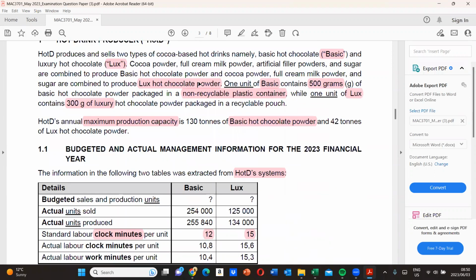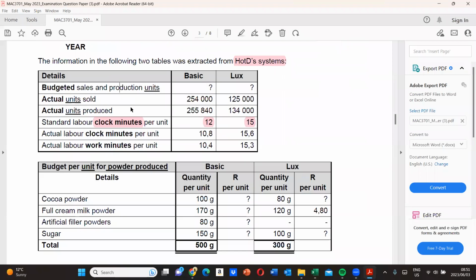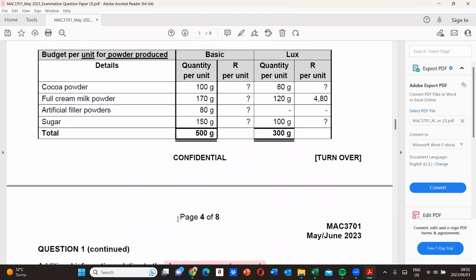Okay, they did not refer us to anywhere, which means we actually have to look at some information about the budgeted sales and production units there.